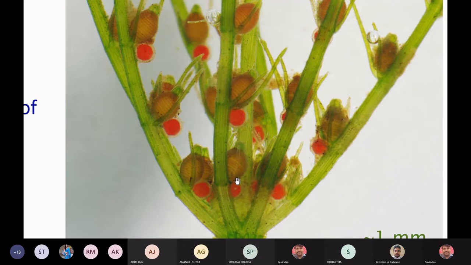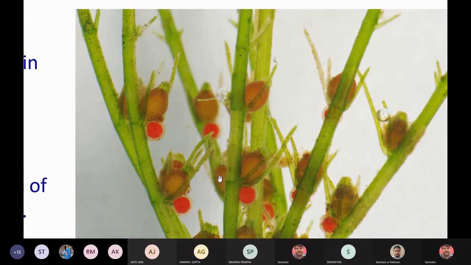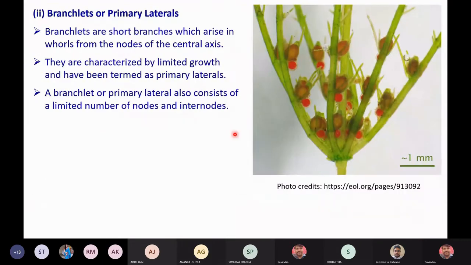You can enlarge this portion. This is one node, this is another node, this is one more node. So it is also divided into nodes and internodes, but unlike the branch of unlimited growth and main axis, their number is definite. That's why they are known as branch of limited growth.